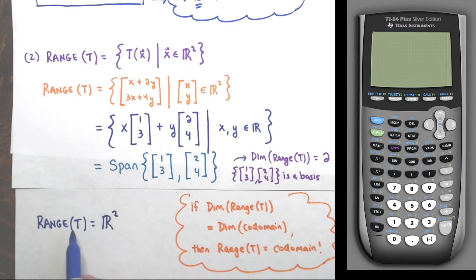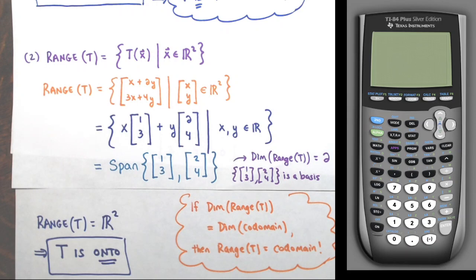So the range of the transformation is R2. The range is the codomain. Therefore, this linear transformation T is onto. Wonderful, right? And that just means again that every value in the codomain is mapped to by some value in the domain.